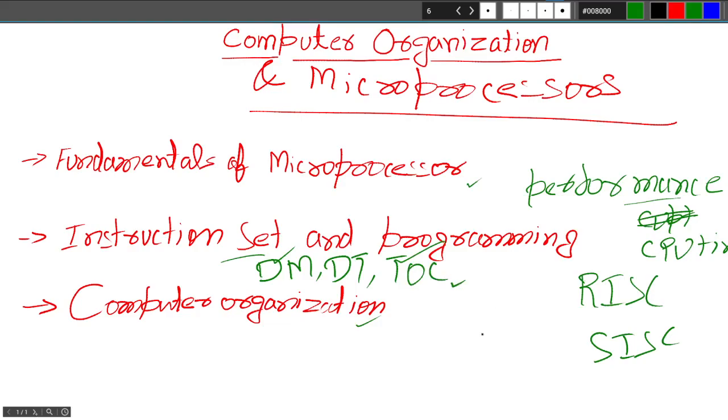Along with that, you will see how we can program using these instructions. Basically, for this you will see assembly language programming, and you will also see other possible things we have to read.